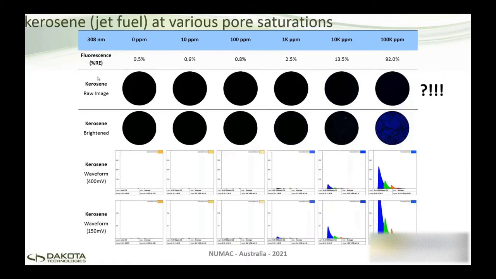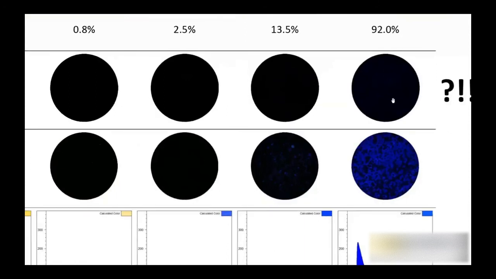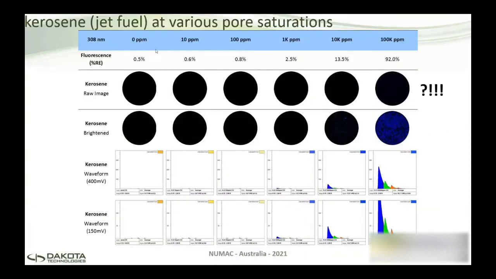Now, what if we put kerosene or jet fuel on soil and try to take photographs? What happens? You can't see it. It's blind, right? That's because kerosene and jet fuel won't photograph well because they fluoresce in the UV. They're invisible. The UVOST doesn't have a problem with it.